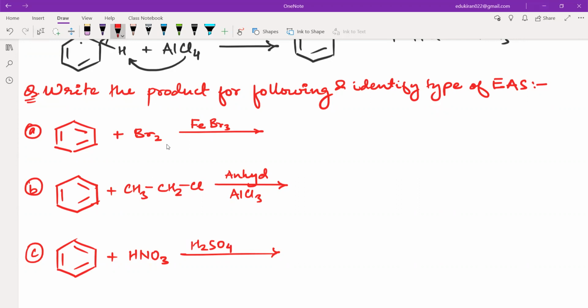What will happen? This bond will break ऐसे, है ना? You'll have the benzene ring. This will be their electrophile, correct? Yes or no?